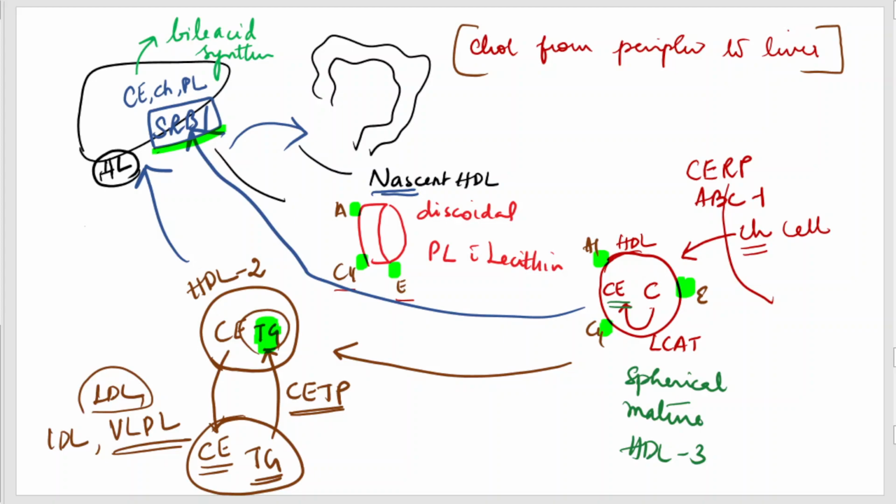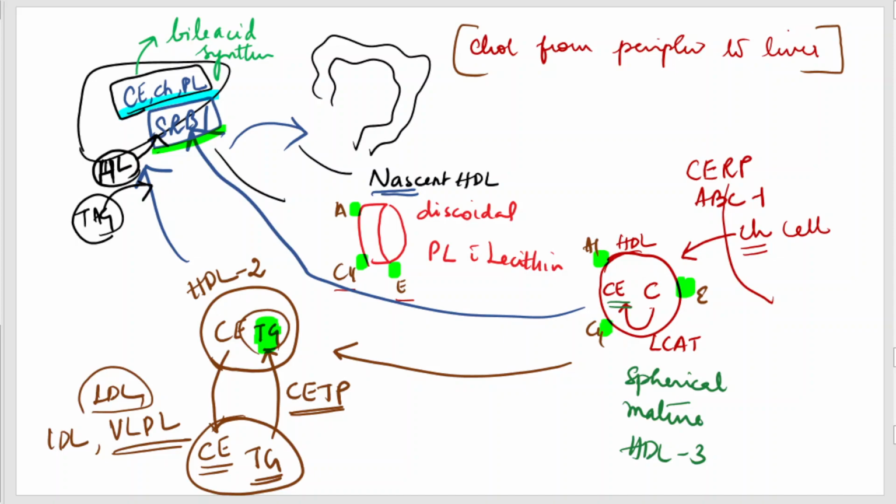This hepatic lipase can break down the triacylglycerol, after which the scavenger receptor B1 protein can take up all the lipid content and give it to the liver. So this is the fate of HDL2 and HDL3.